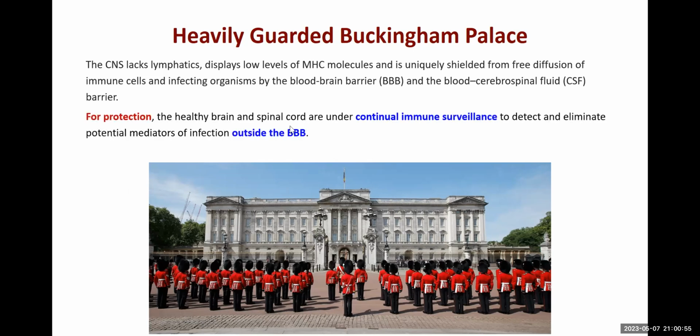For protection, the healthy brain and spinal cord are under continual immune surveillance to detect and eliminate potential mediators of infection outside the blood-brain barrier. Now, you see these immune cells usually cannot cross the blood-brain barrier, right? The brain has those glial cells and astrocytes. They play the major role in protecting the brain against infections.